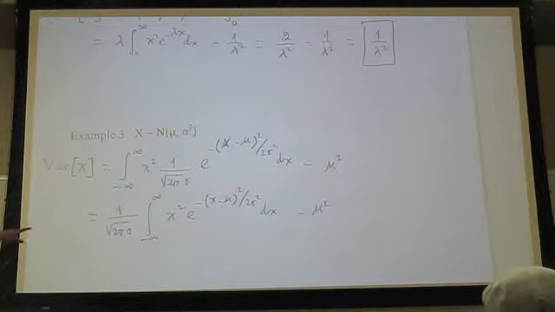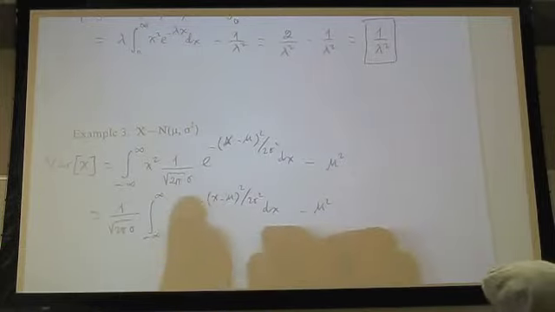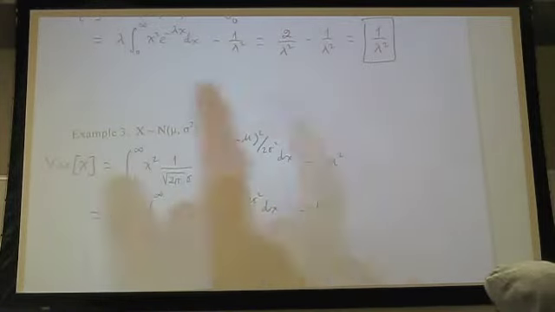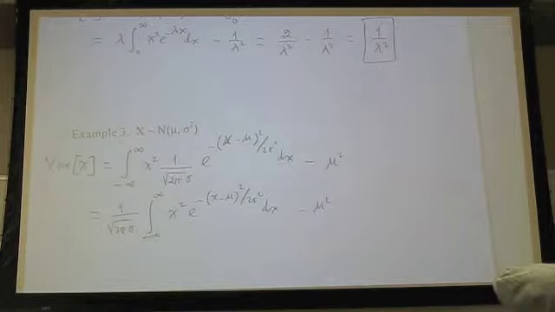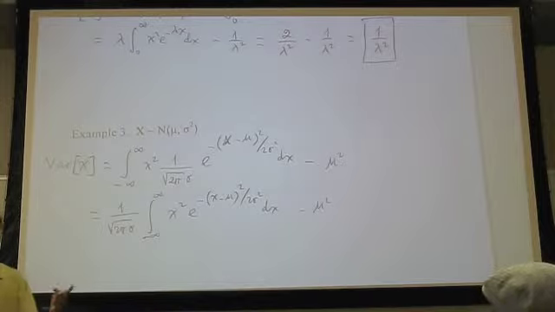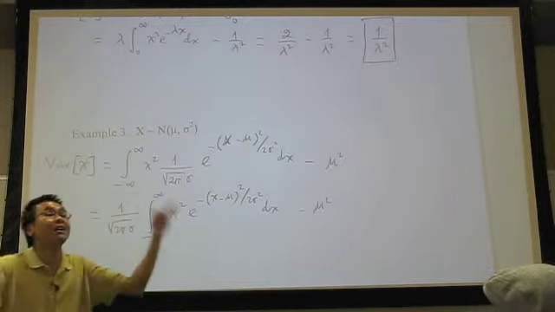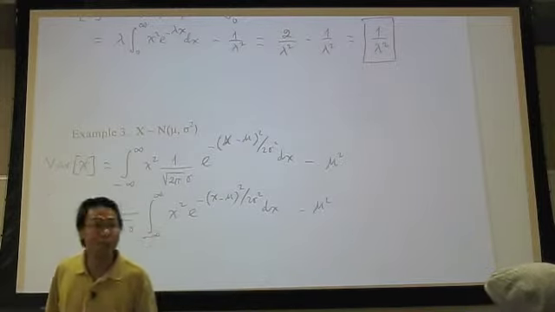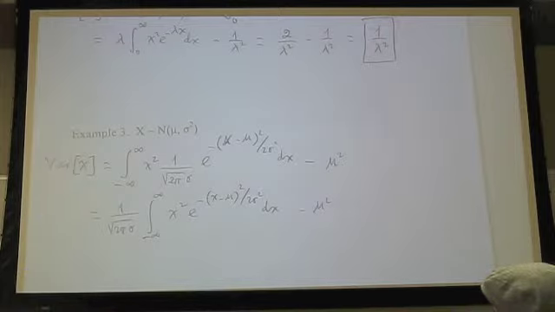And now over here you have x squared. Remember that a minute ago I already showed you the problem where this one is x and not x squared, right? You follow exactly the same approach right there. Replace x by sigma z plus mu, right? And then you have to do integration by parts 2 times together. That's how you do it.